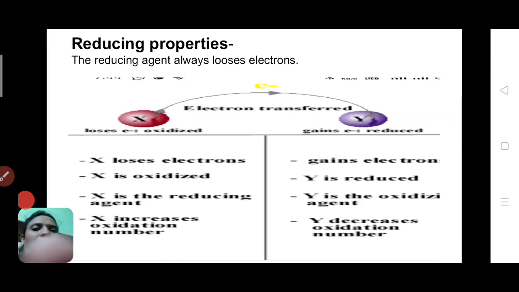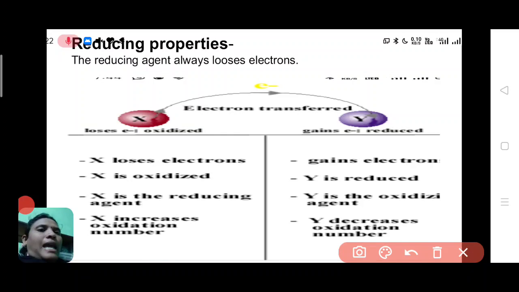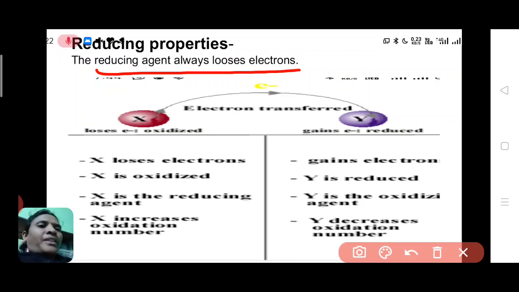See, reducing property means when any substance loses its electron, that is called reducing property. Losing electron is called oxidation, but reducing means loses electron. Any substance when it loses its electron is said to have reducing property.